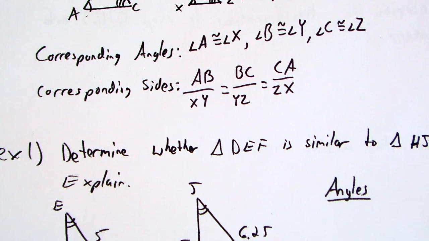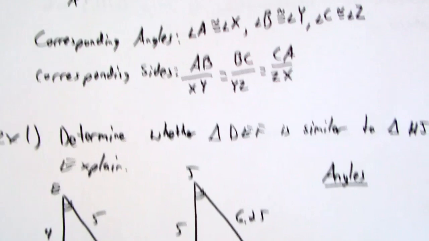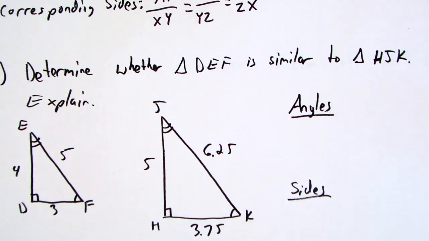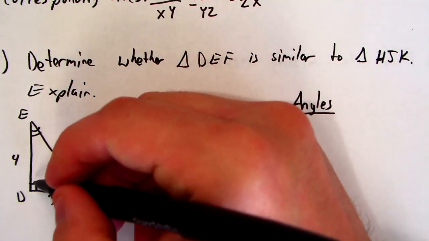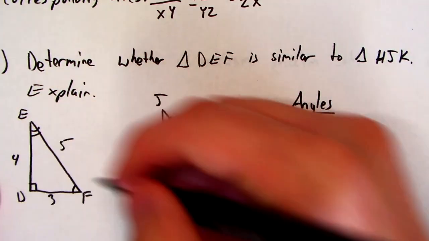So, example 1. First thing we want to do is determine if these two triangles are similar, and then, of course, explain. So first thing we want to look at is angles. So here we have a right angle, and here we have a right angle.